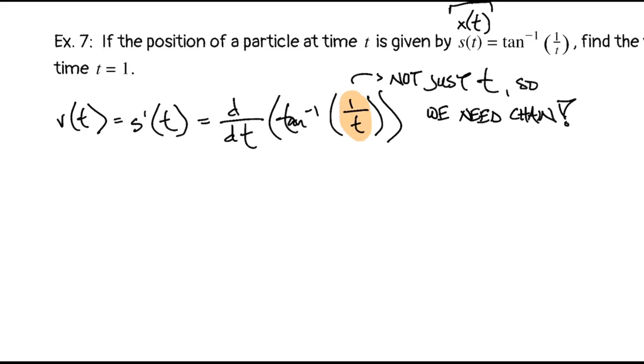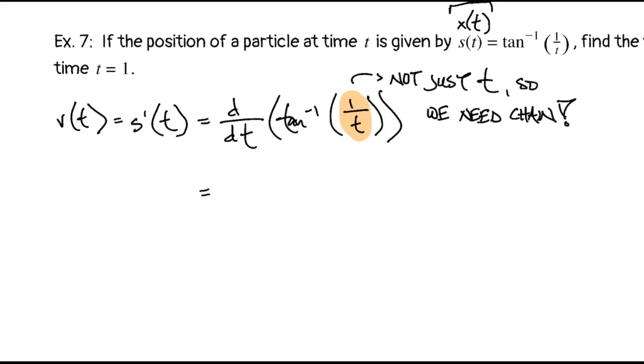What could I put in place of this orange blob so that I would not use chain rule? Yeah, if I had just a regular t, I wouldn't need chain rule, okay? But because I have some other function there, I will need to use chain rule.